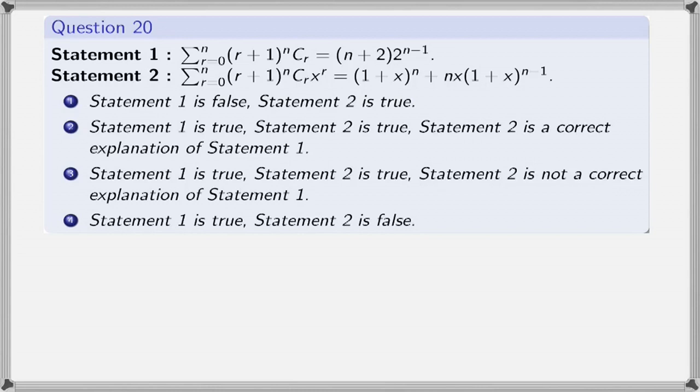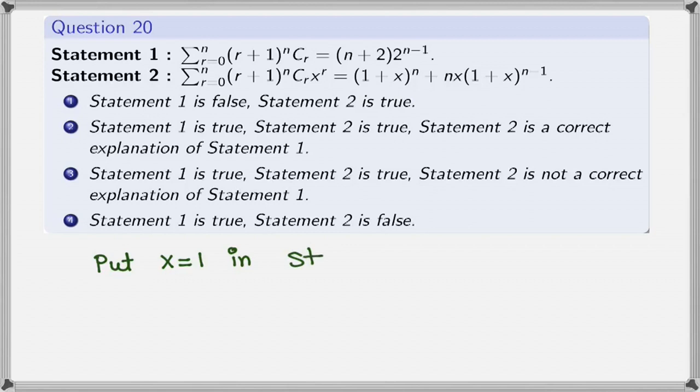We have to find out whether these statements are true or not. And in case both of them are true, we shall figure out whether statement 2 is a correct explanation for statement 1 or not.